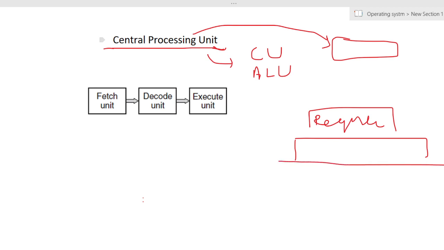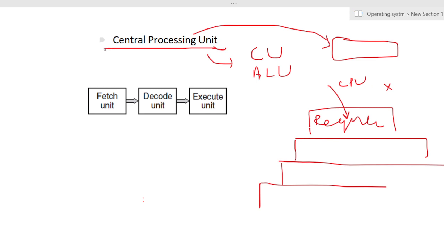Then comes main memory, and then comes secondary memory, the disk. Registers are so fast because they are made of the same material that the CPU is made of, so there is no delay in accessing the data from the registers, right?